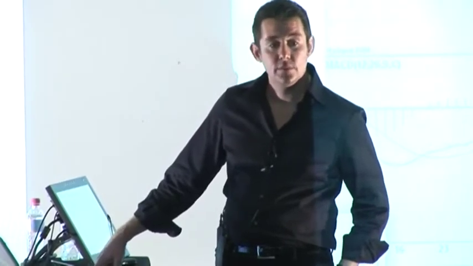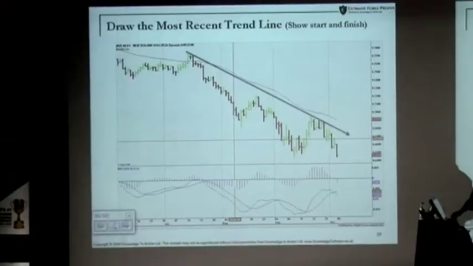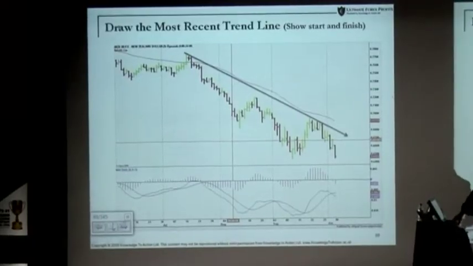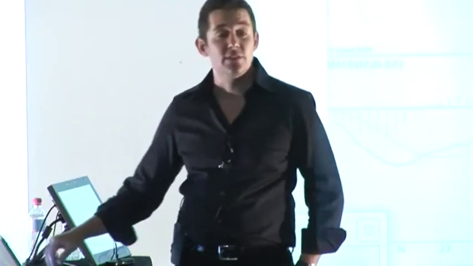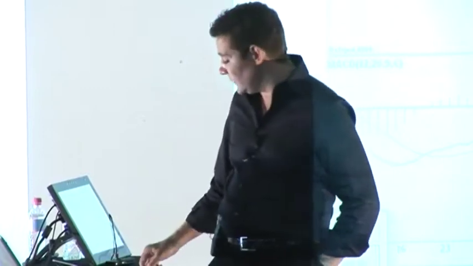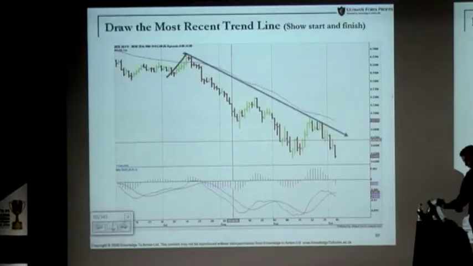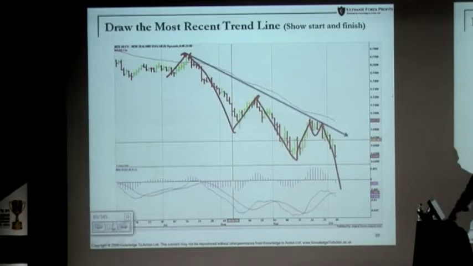Say again? I see what you mean. Is this point here close enough? Yes or no? Actually, it doesn't come up. All you've got is one touch here, it moves away, it doesn't come back, touches, and then drops.